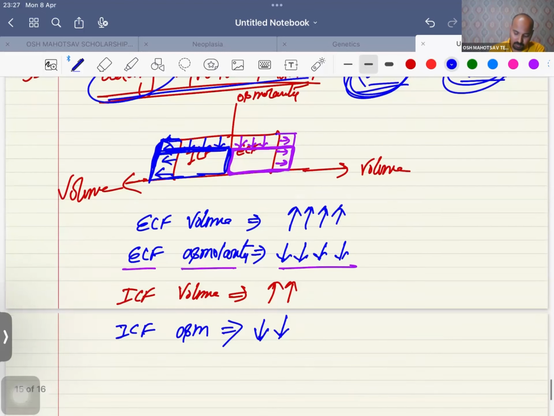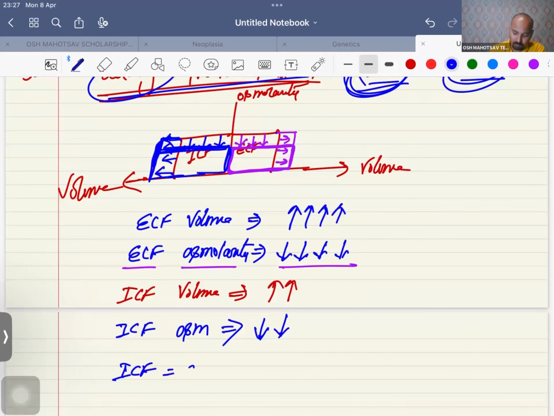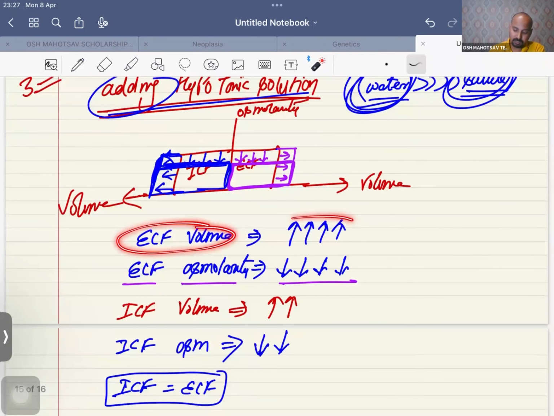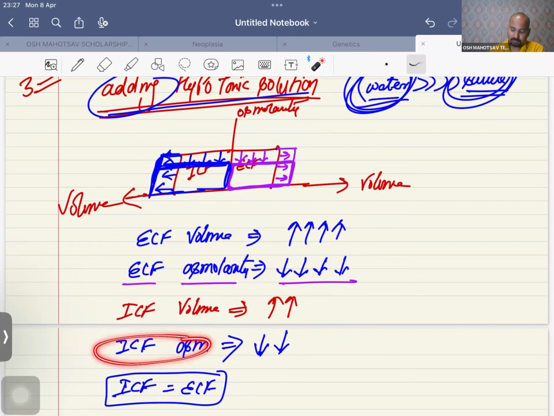Rule number 1, ICF equals ECF. So if we are adding hypotonic solution, ECF volume will increase, ECF osmolarity will decrease, and ICF volume will increase and ICF osmolarity will decrease.